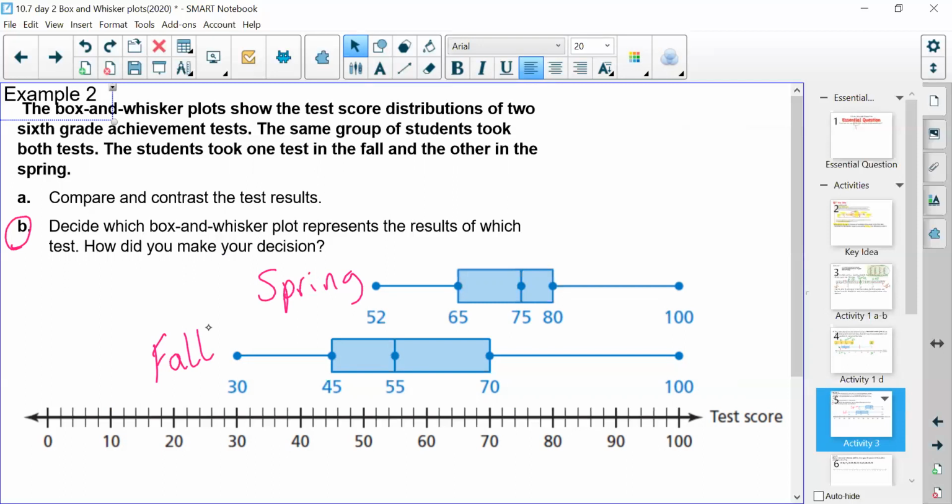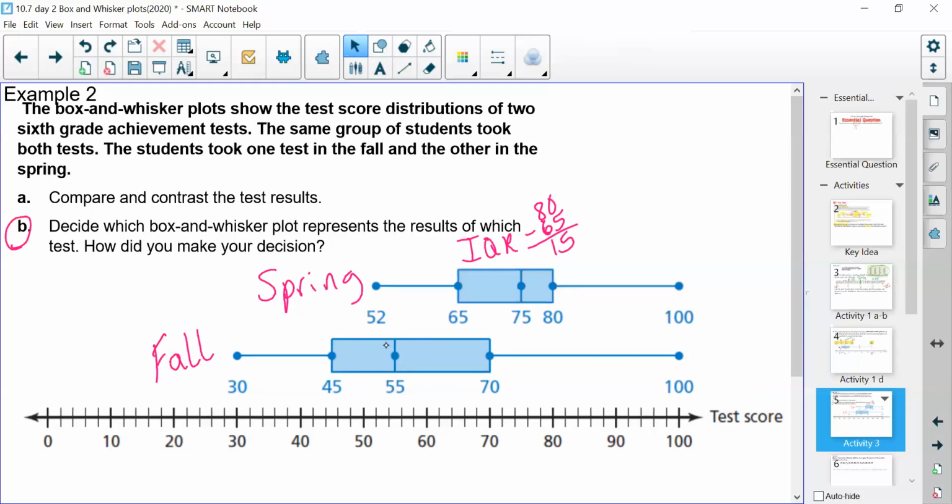What else I'm noticing is you see the box on the spring on the top. You see how it's a little bit more concentrated. It's not as spread out. And we can find the interquartile range to prove that. If we look at the interquartile range of each of these, remember the interquartile range, I call it IQR, don't get confused. If I took 80 minus 65 there, that has a spread of 15.